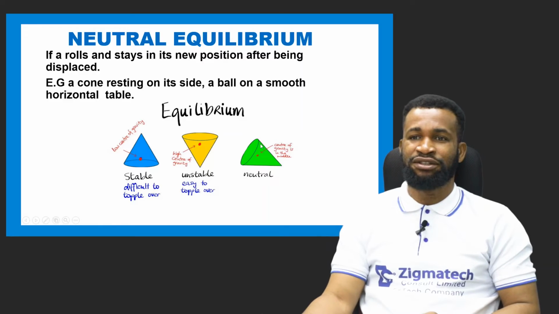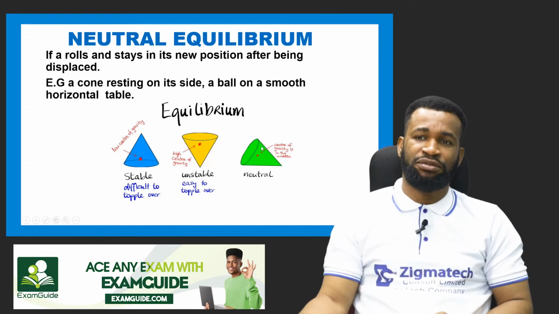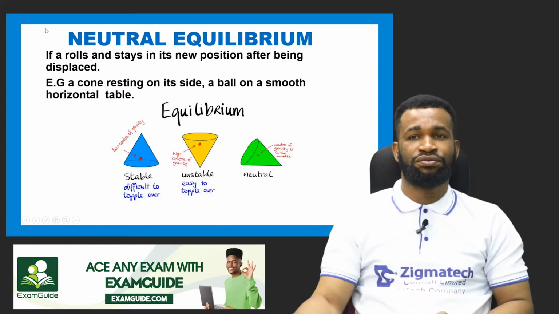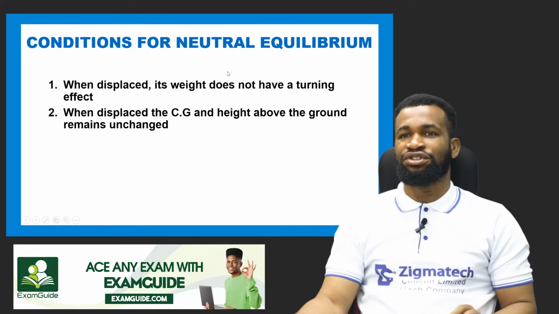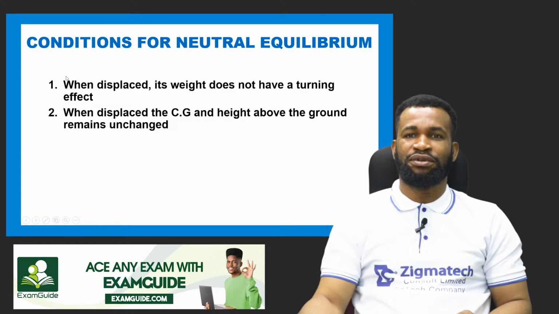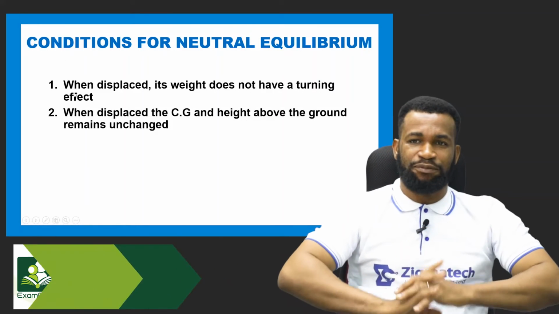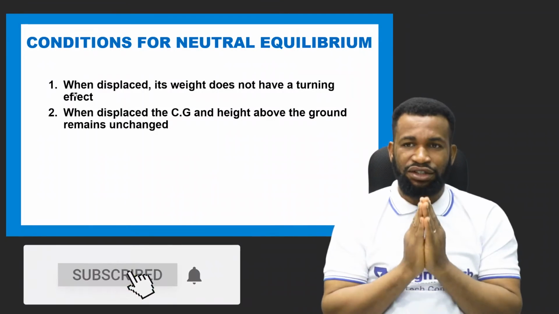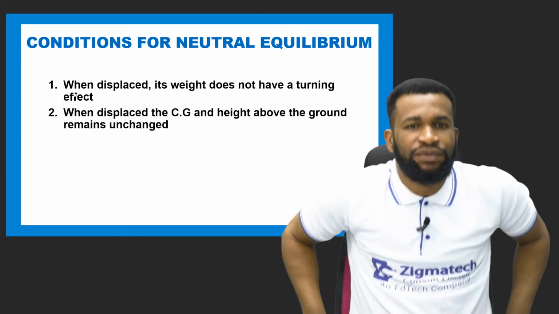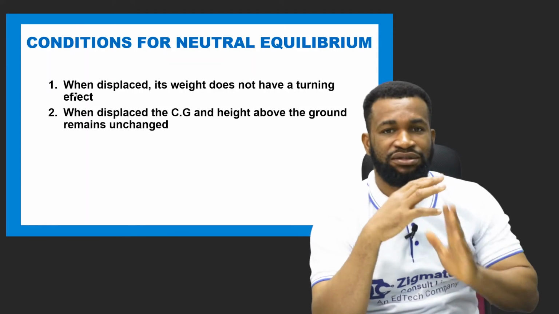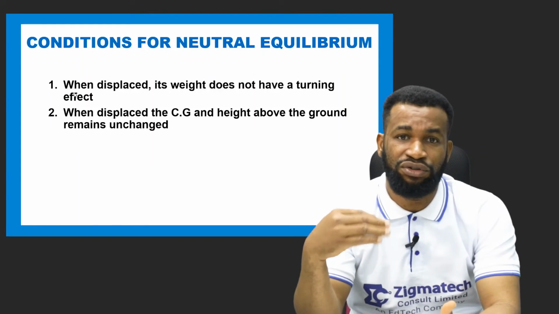And look, the green cone is in neutral equilibrium. The body is going to roll for a slight displacement. Now, what are the conditions for neutral equilibrium? When displaced, its weight does not have a turning effect. Remember when I talked about moment of forces, there is something we call turning effect.